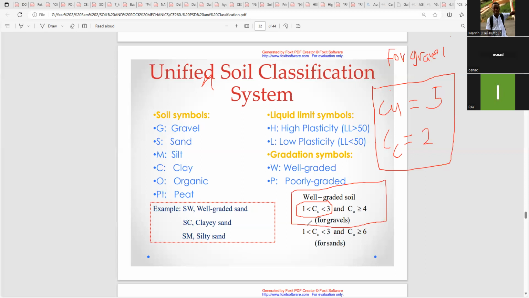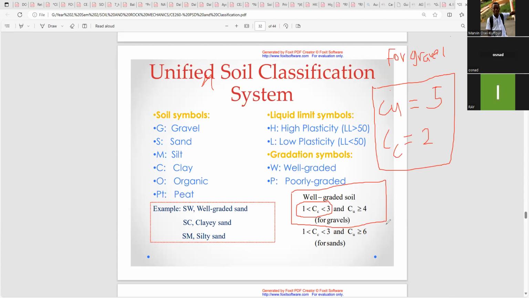Then for sand, we have our CC to be the same as for the CU, just that we've increased the limit of the CU a bit to be greater than or equal to 6. So if you are classifying a sand, your CU should be greater than or equal to 6 for it to be a well-graded soil.